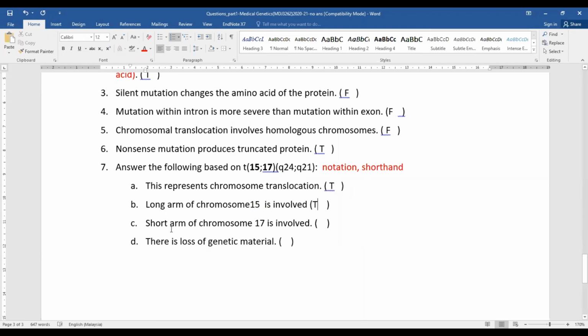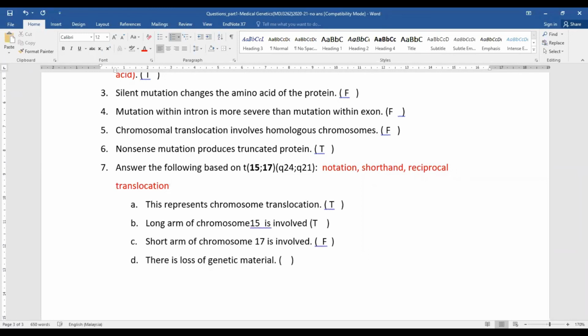True. Involves short arm of chromosome 17. False, because it's also Q. If you put P, then it's true. There is loss of genetic material. Usually this one is what we call reciprocal translocation.